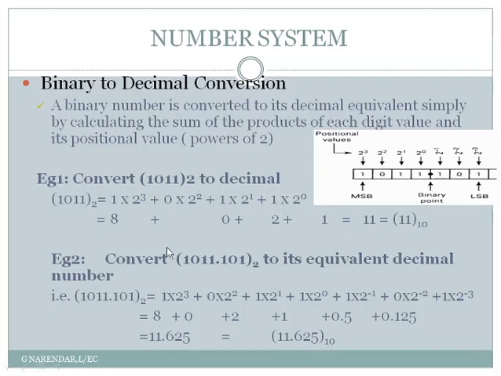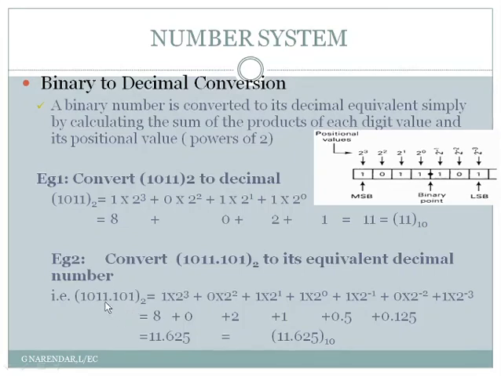So the same thing we can apply here. So this is the binary point for this 1011.101. If you go towards the right side, this position has a position value of 2 power minus 1, and this 0 digit has a position value of 2 power minus 2, and this has a position value of 2 power minus 3.